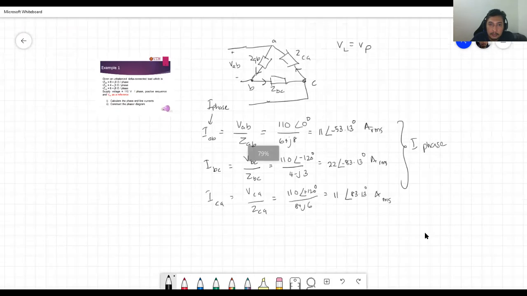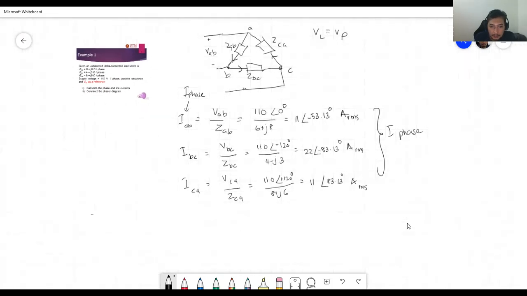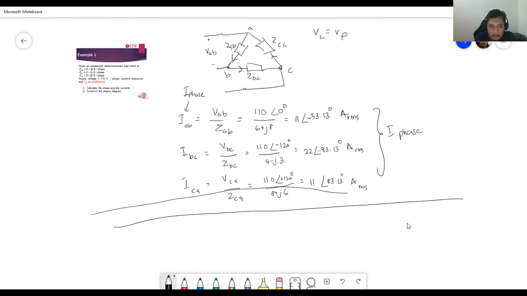Okay, and how to get the line current? So actually the line currents are IA, IB, and IC. So based on the KCL here, you can obtain that IA is equal to IAB minus ICA.